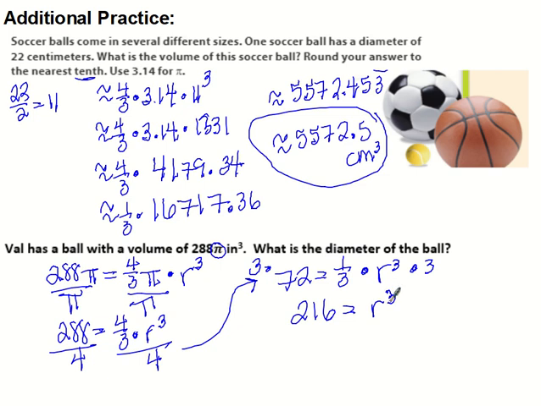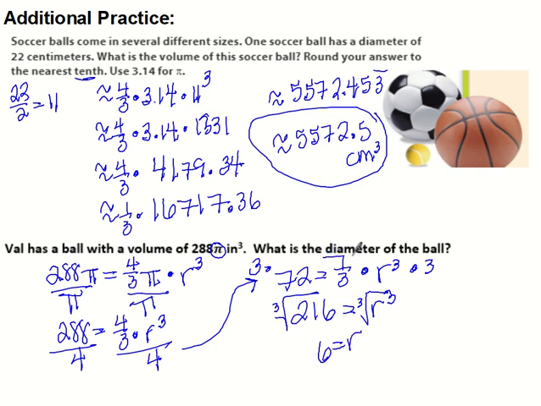Now there is a way to find the cube root of a number. You can guess and check. But there is a button on our calculators in class that I can show you that we can take the cube root. And so if I, just like square rooting, if I cube root this, remember we did this a long time ago, I would actually get 6. That'd be my radius.